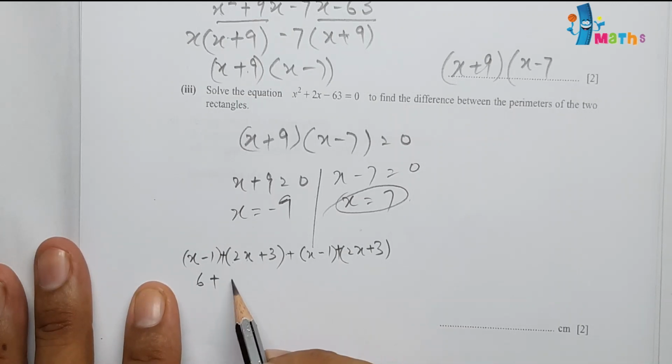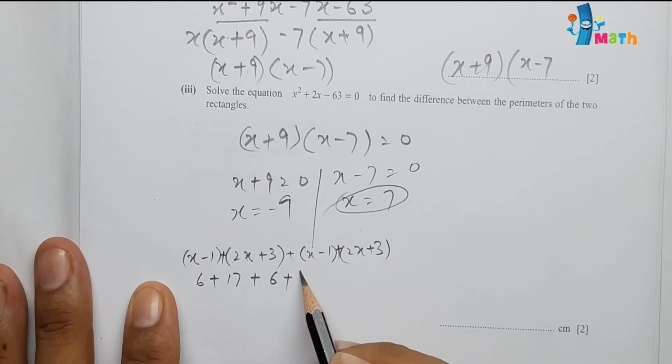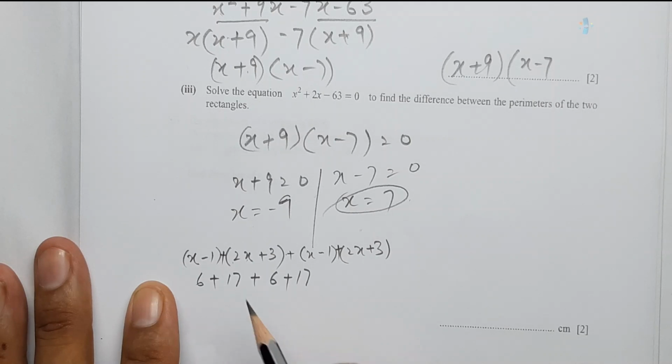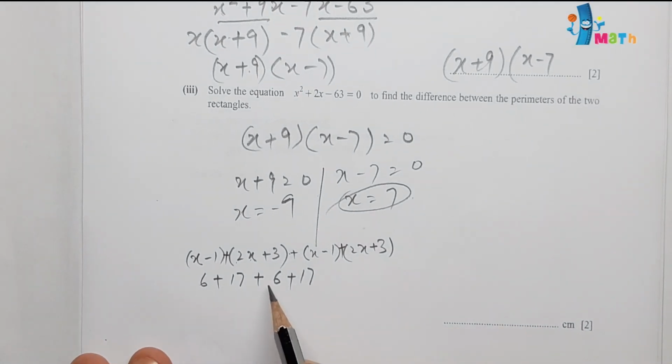14, 14 plus 3 will be 17, plus this will be 6, and plus again 17. So 6, 34 plus 6 will be 40, so this will be 46.